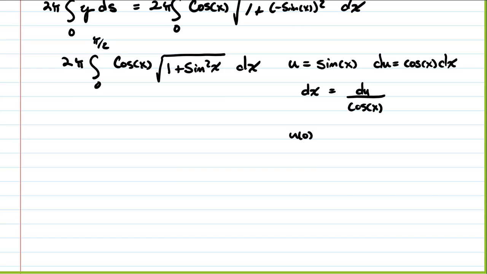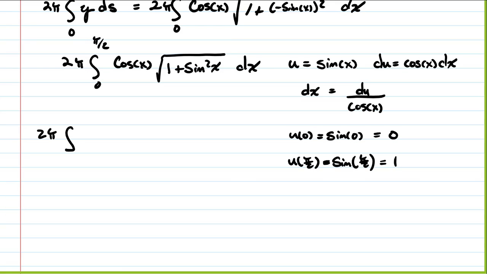So u of 0 is going to be sine of 0, which is 0. And then u of pi over 2 is equal to the sine of pi over 2, and the sine of pi over 2 is 1. So we get our new integral. The 2 pi stays the same. Our lower limit of integration is still 0, but our new upper limit of integration is 1, right?